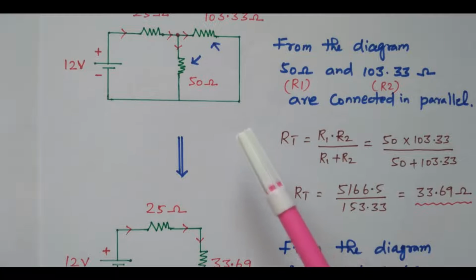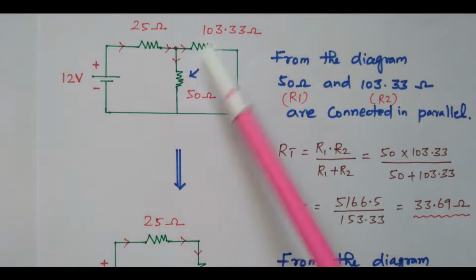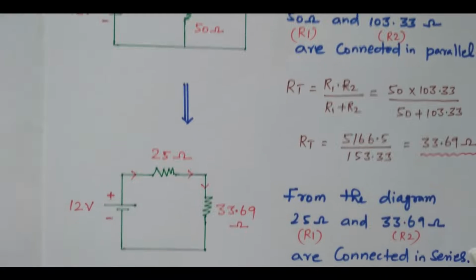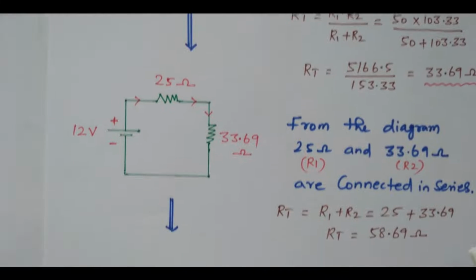These two resistors connected in parallel, the equivalent resistance will be 33.69 ohm. So now we can replace these two parallel resistors with a single resistor of 33.69. So that is replaced here.